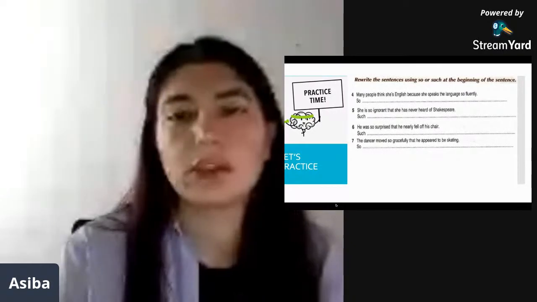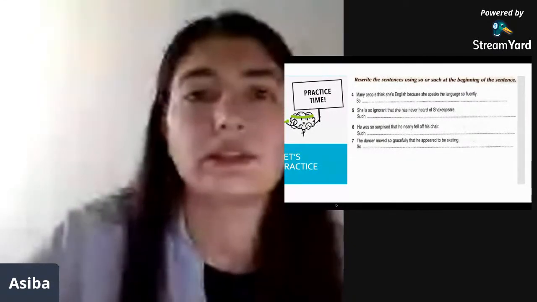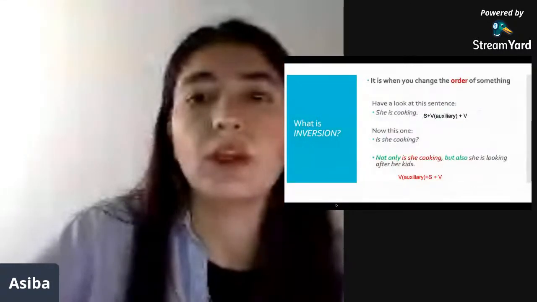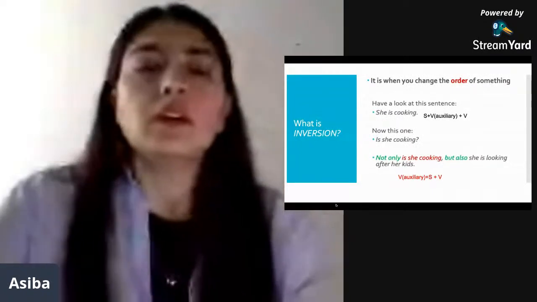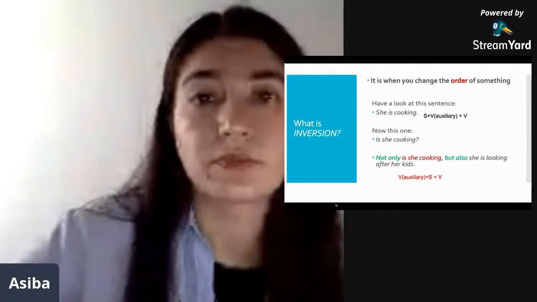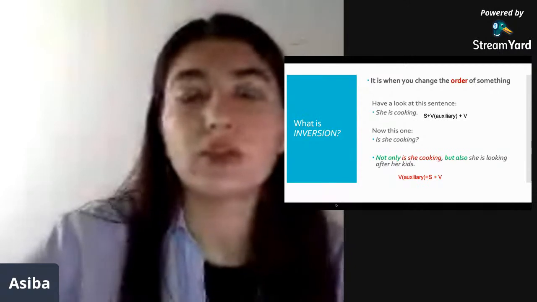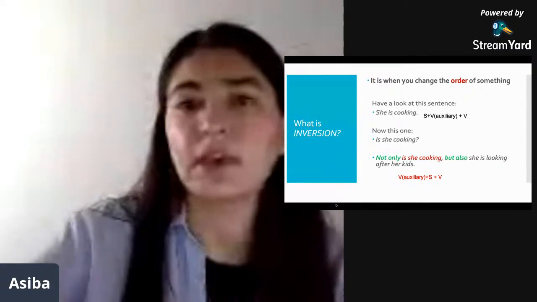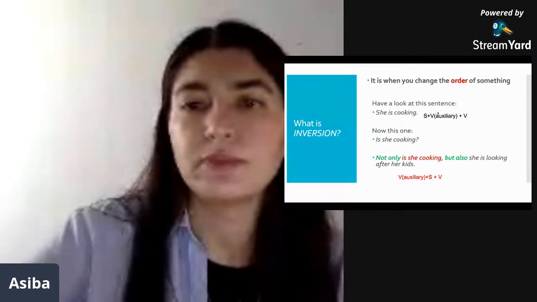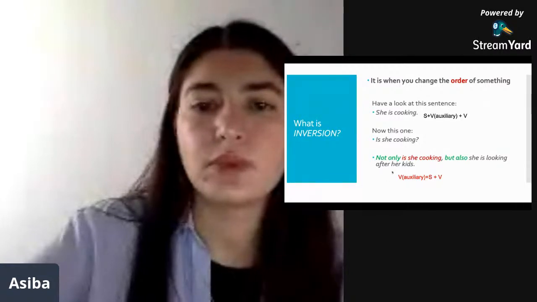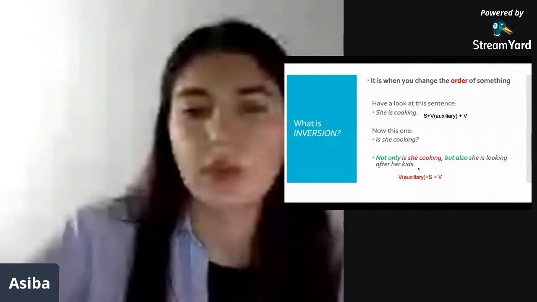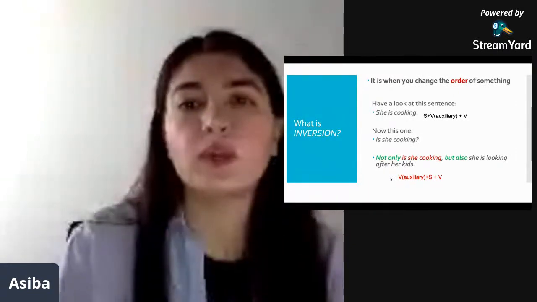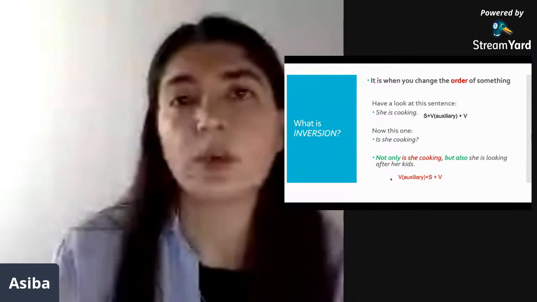And to conclude this part of the lesson today, let's go back to the very beginning and again say what inversion is. Inversion is when you change the order of the words in the sentence from the simple to the inverted one, when you use the auxiliary verb before the subject without the sentence being a question.